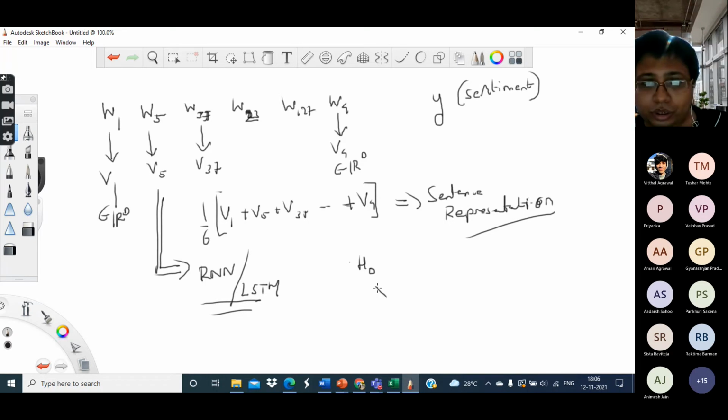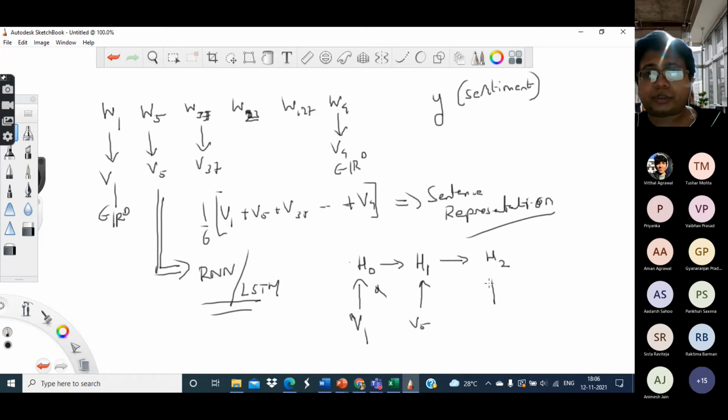Then I put V1 to it, the first word vector. Then the hidden state changes to H1. Now I put the next word to it, which is V5, and the hidden state now changes to H2.